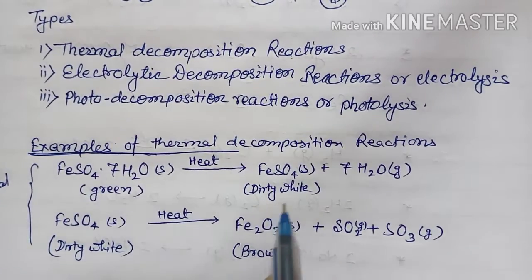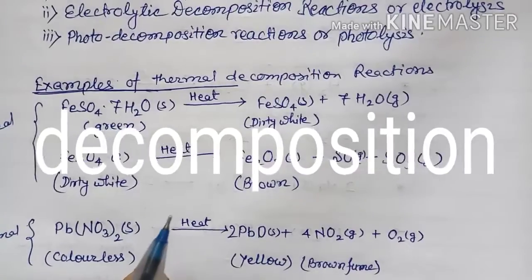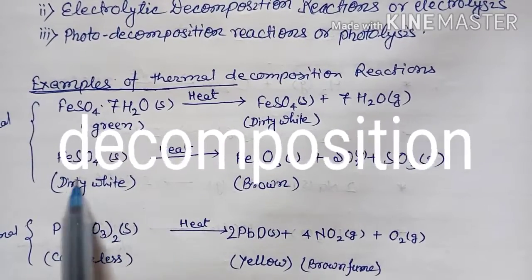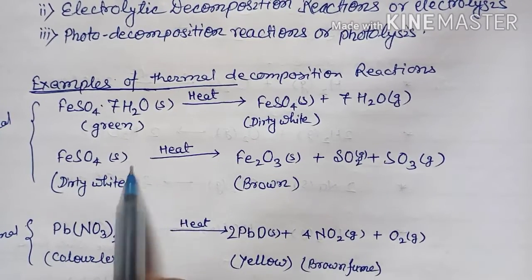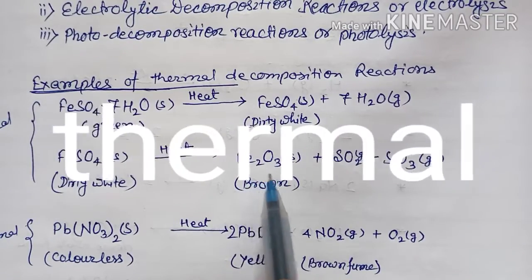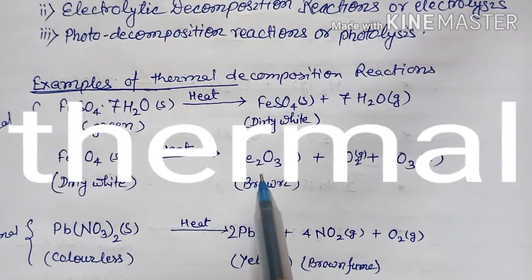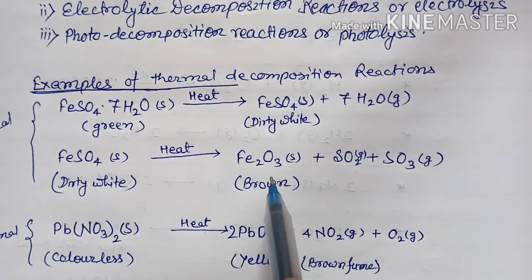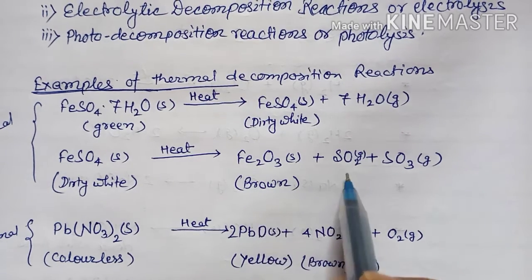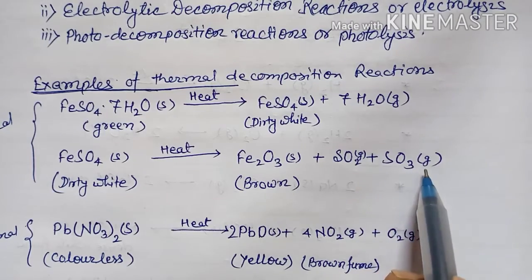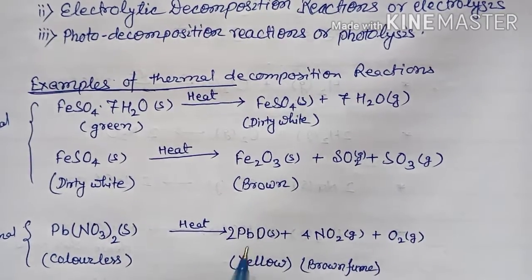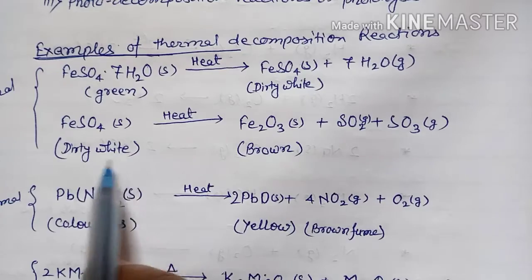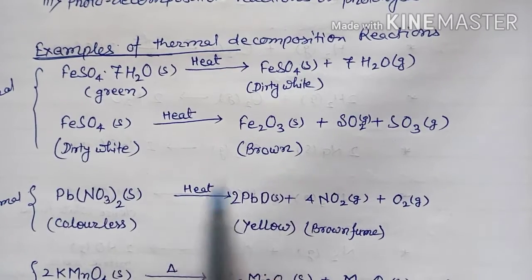And when this dirty white colored ferrous sulfate salt is heated further, it converts into ferric oxide, which is brown in color, and sulfur dioxide and sulfur trioxide. So see here, it is also important to learn these colors.